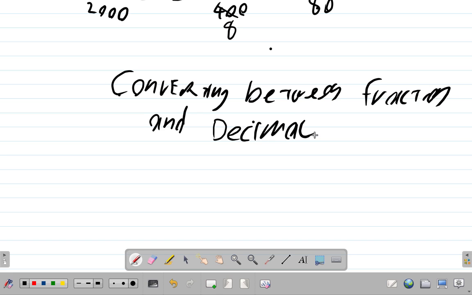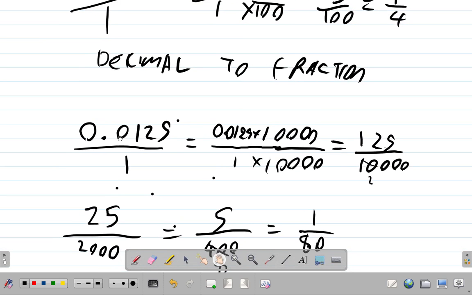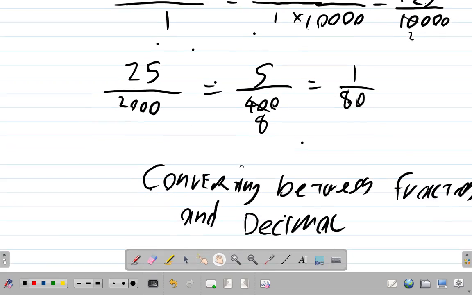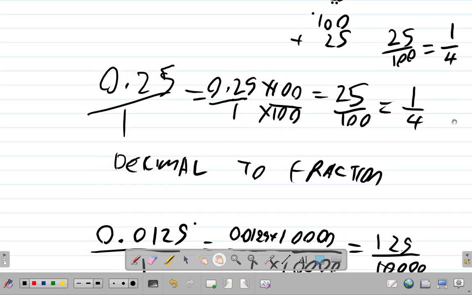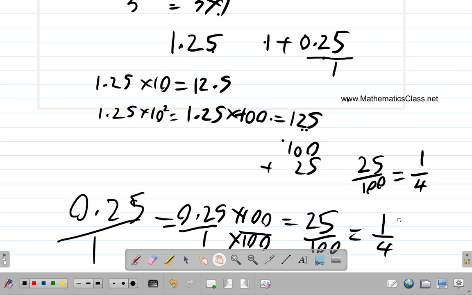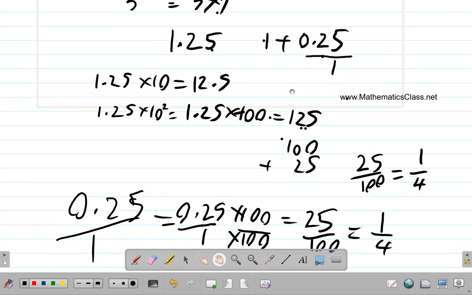We just saw how we go from decimal to fraction. Let's see how we go from a fraction to a decimal. And we're going to use these that we used up here before. I was saying 0.25 is the same as a quarter.